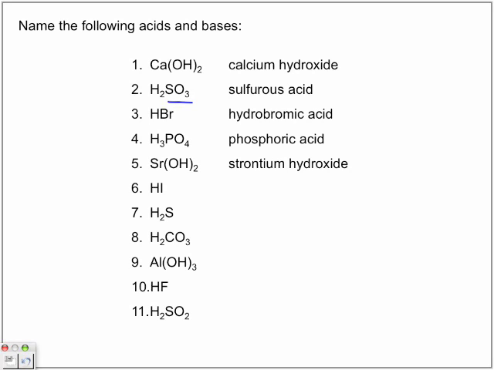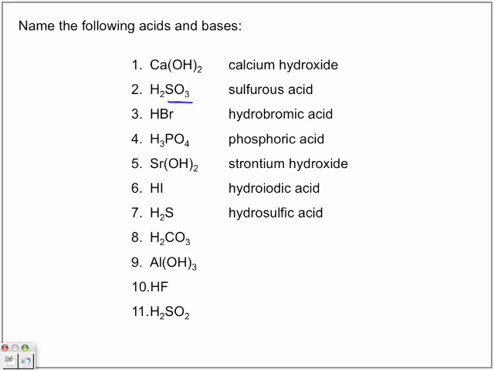Next one, HI is a binary acid, so it's hydroiodic acid. Next one, we looked at this one before. It's hydrosulfuric acid. Okay, binary. Notice how all the binary ones start with hydro. All the bases end in hydroxide. And all the polyatomics, well, we have to look at its derivatives.